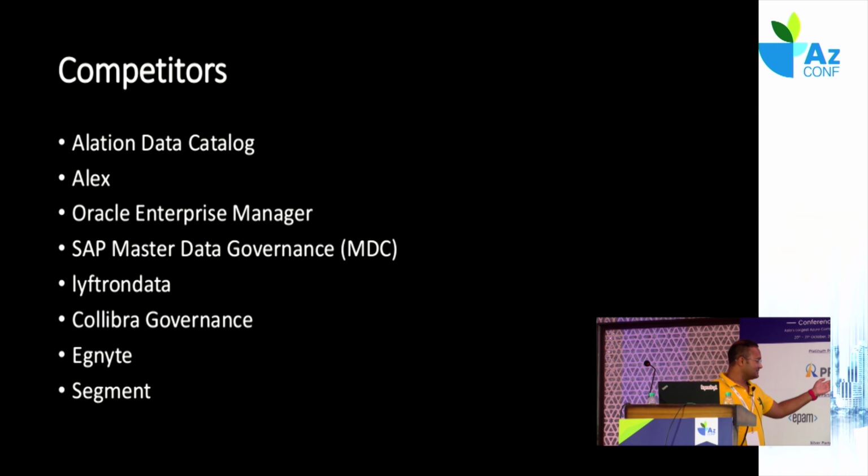We have Alation, which quite a lot of organizations are using, Soda, and SAP Master Data Governance. All in all, data governance is an extension of MDM, the master data management which people in the data warehouse world used to do in tools like Profisee, or in Excel sheets. A few of the vendors realized these problems and started working towards them.